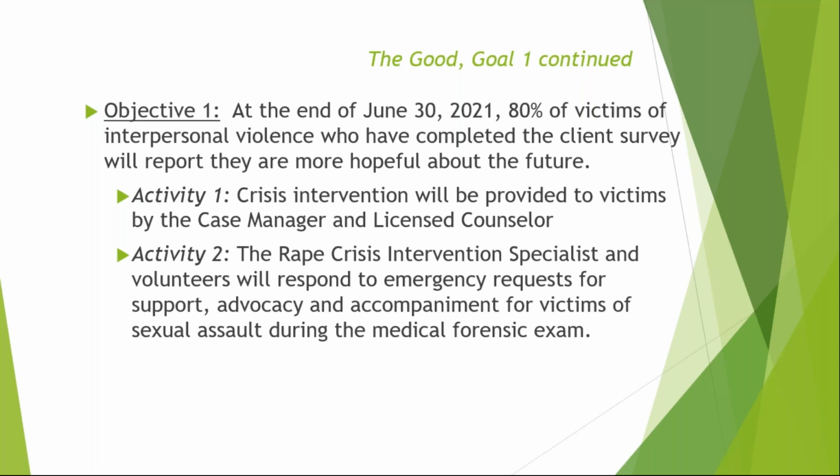Now, if you notice, this objective is talking in terms of a percentage, and it doesn't have 100%, because anyone who works with client surveys will know that you're not going to get 100% participation. So the way this reads, 80% of victims who have completed the client survey.